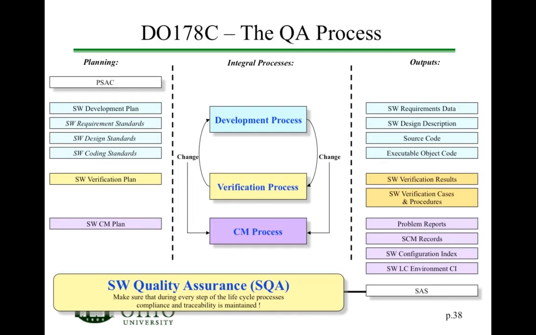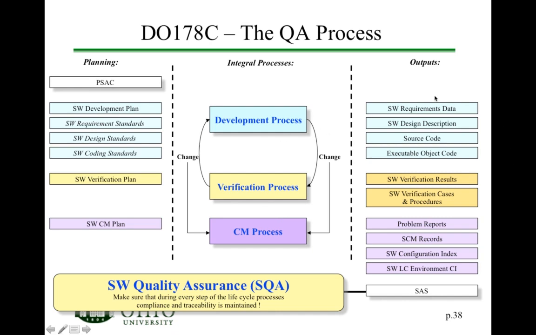So basically, if you look at DO-178C and the role of the QA process, you're going to have some planning, and the development and verification, resulting in continuous changes that are being managed by the configuration management process.